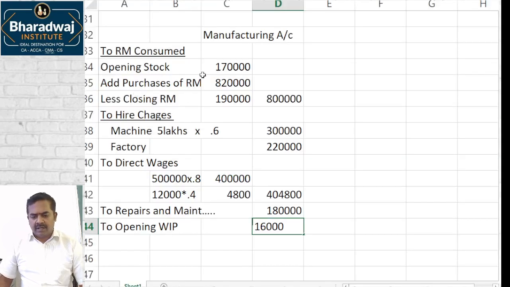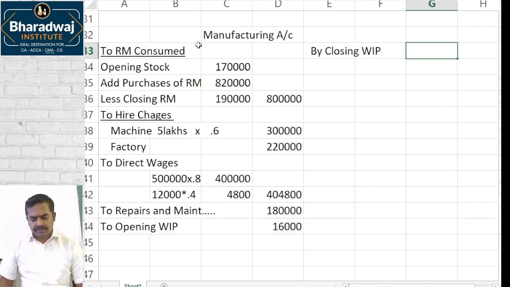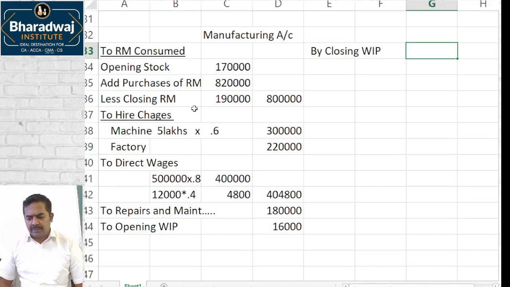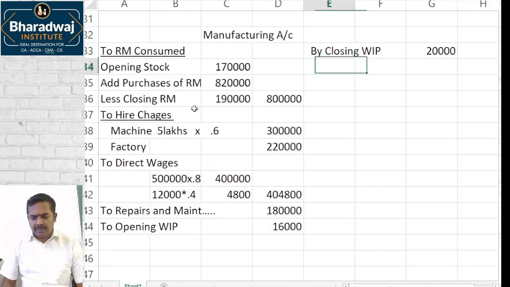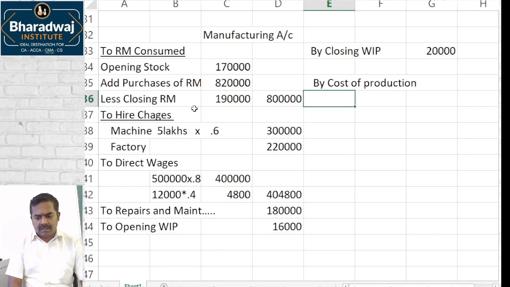Then record the closing WIP on the credit side. What is the closing WIP given? What is the value? 12,000 units. What is the value? 20,000 rupees. The balance will be cost of production. Cost of production will be recorded in which account? Trading account.